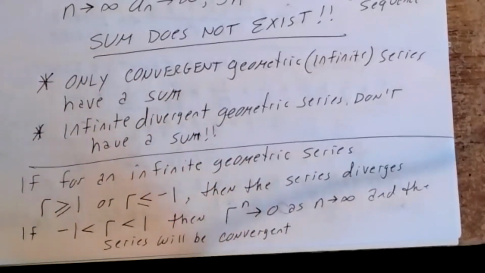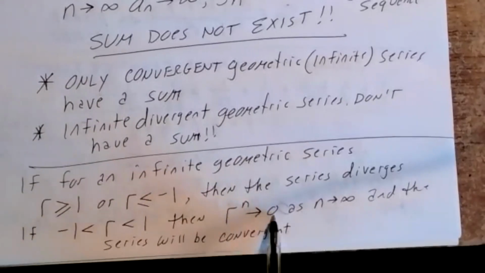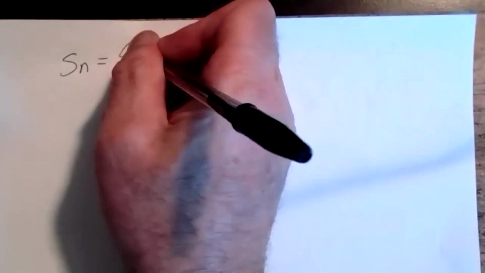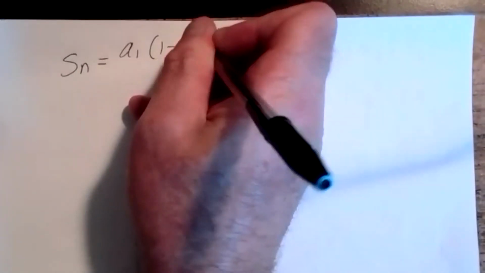As evident with that one, with the fractions getting smaller and smaller. Okay. If that's the case, ladies and gentlemen, if we do have a convergent geometric series where r, the common ratio, lies between 1 and -1, then look at the partial sum formula, which looks like this.